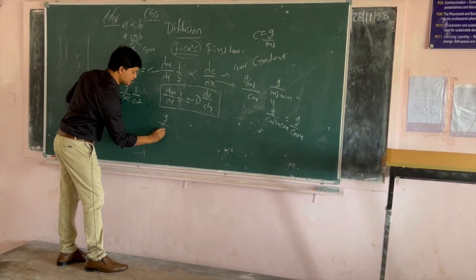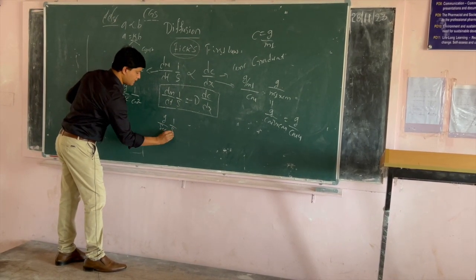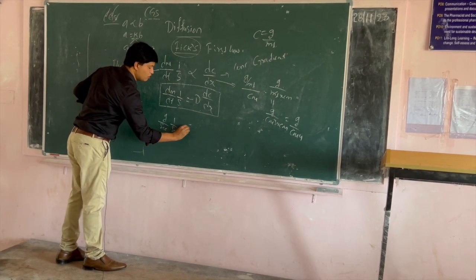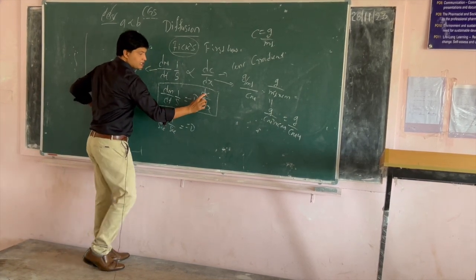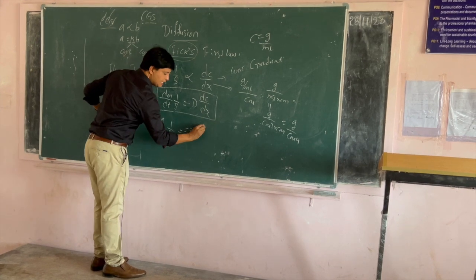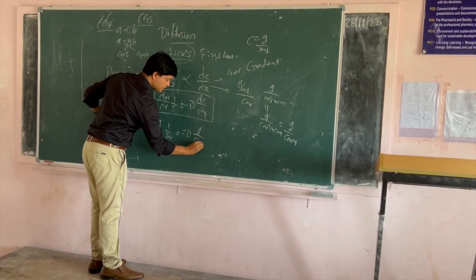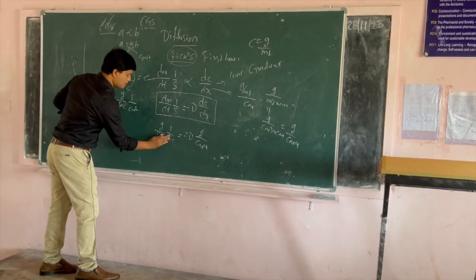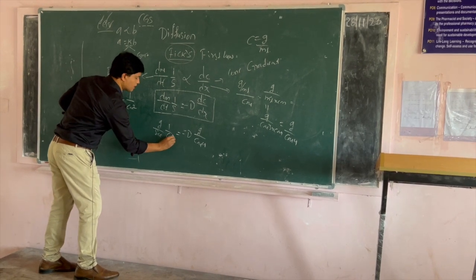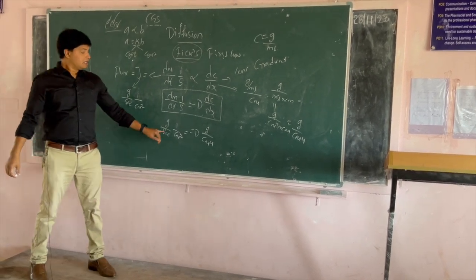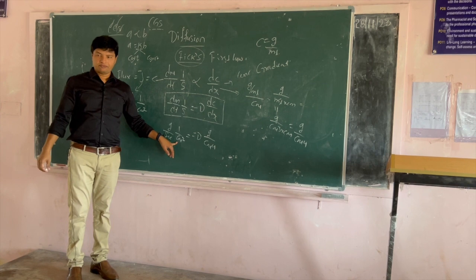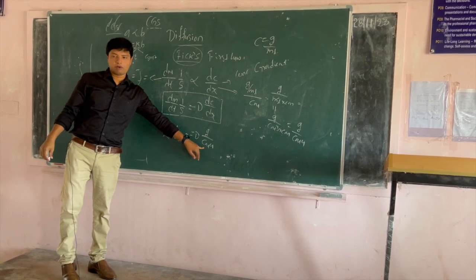Gram per second per centimeter square is equal to minus D. What are the units for this? Gram per centimeter. Okay, sorry, my mistake. So centimeter square, and we have centimeter to the power of 4.